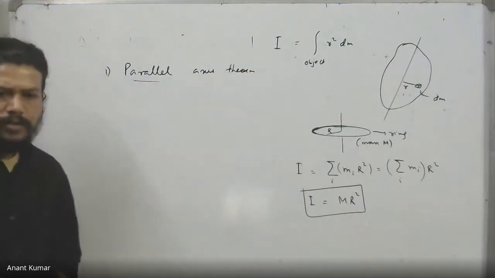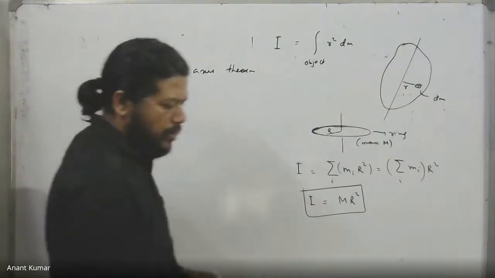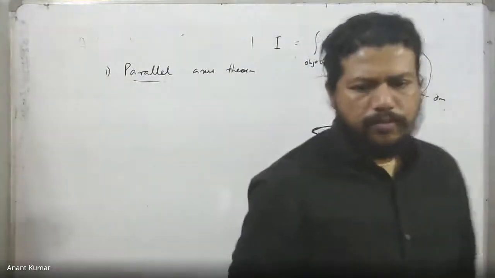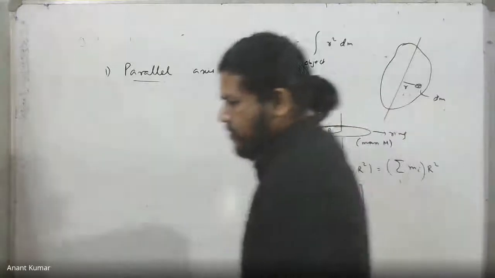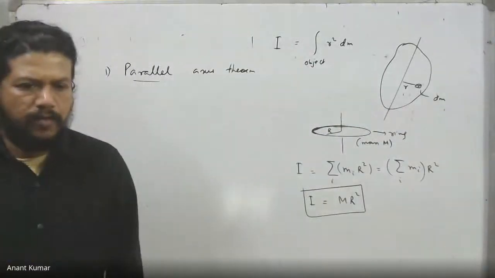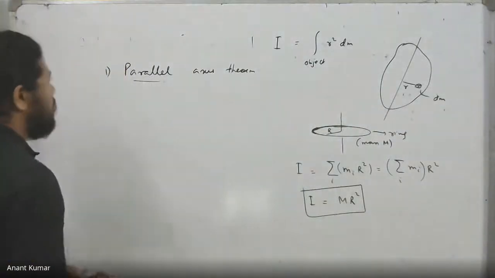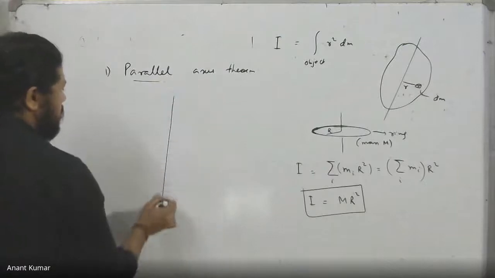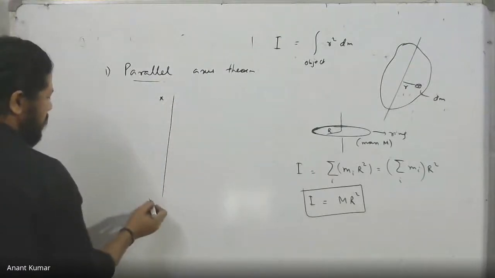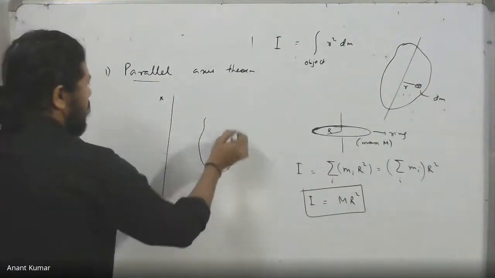The parallel axis theorem states that if I need the moment of inertia of a rigid body about a certain axis which is not passing through the center of mass, so for example, we have this axis, x prime, and the body is over there.